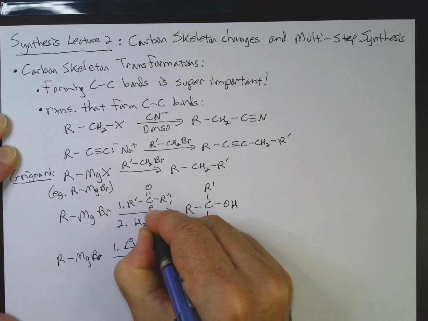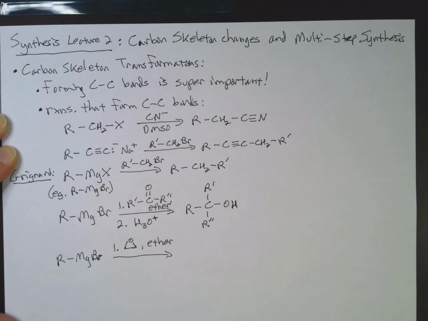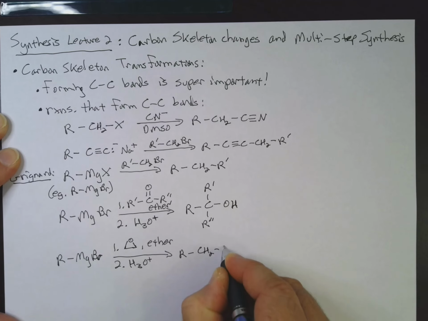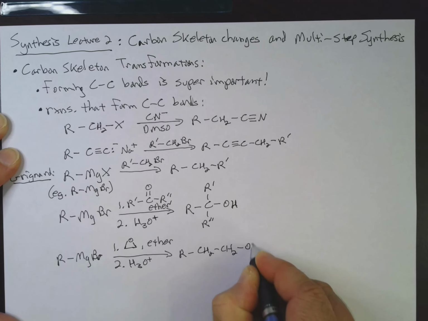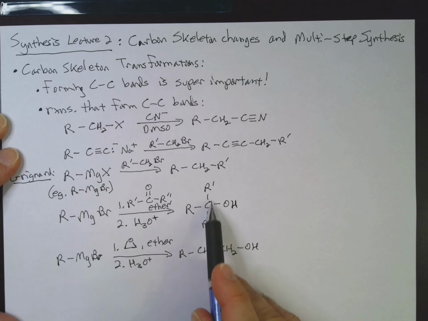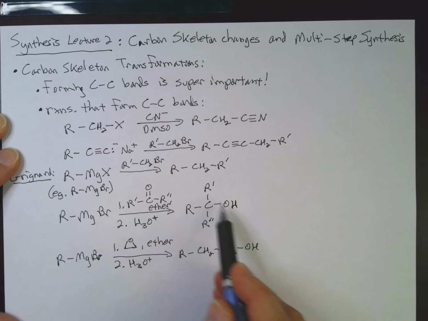I should mention this is done in ether. That's our solvent. We'll talk about that later in the chapter 17 lecture videos. And then we'll go ahead and protonate, and we will get R, CH2, CH2OH.